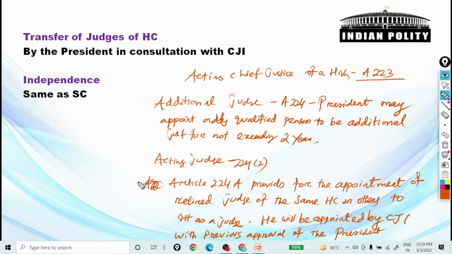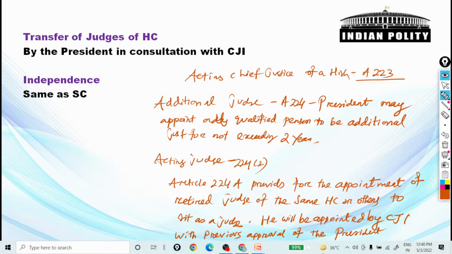But the retired judges will not get due salary; they will get certain allowances as decided by the president. That is 224A.